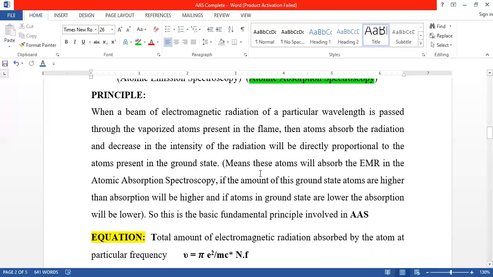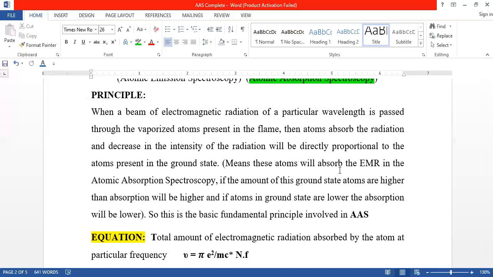What does this mean? These atoms will absorb the electromagnetic radiation. If the amount of ground state atoms is higher, then absorption will be higher, and if atoms in the ground state are lower, then the absorption will be lower. So this is the basic fundamental principle involved in atomic absorption spectroscopy.